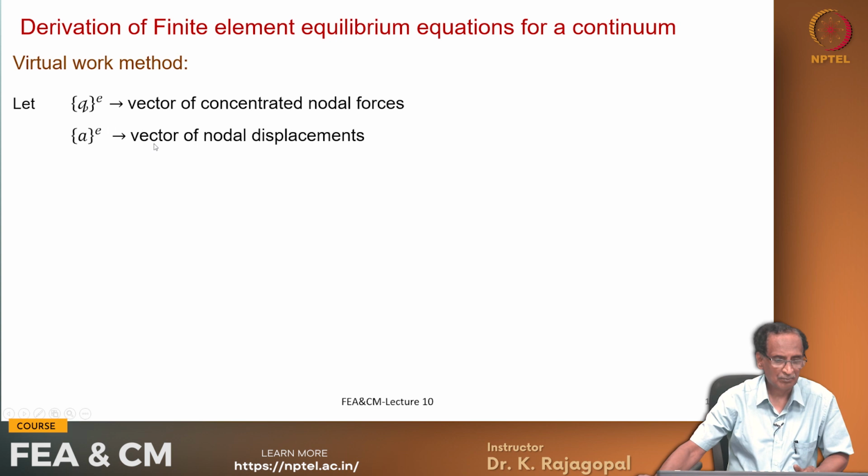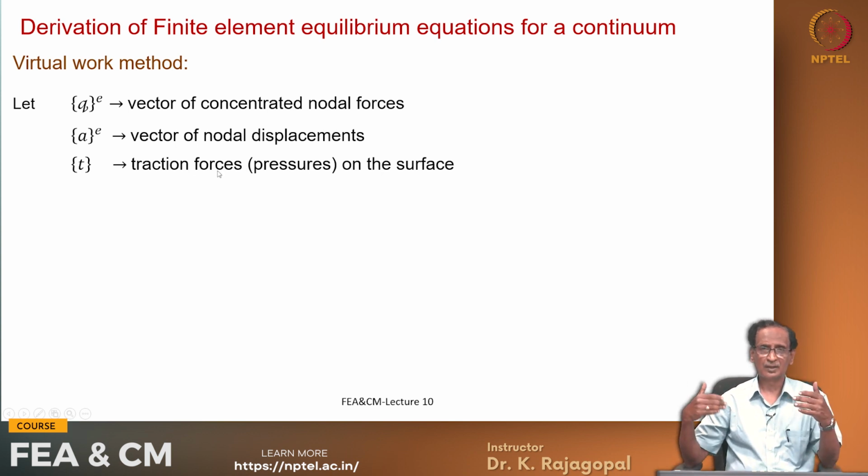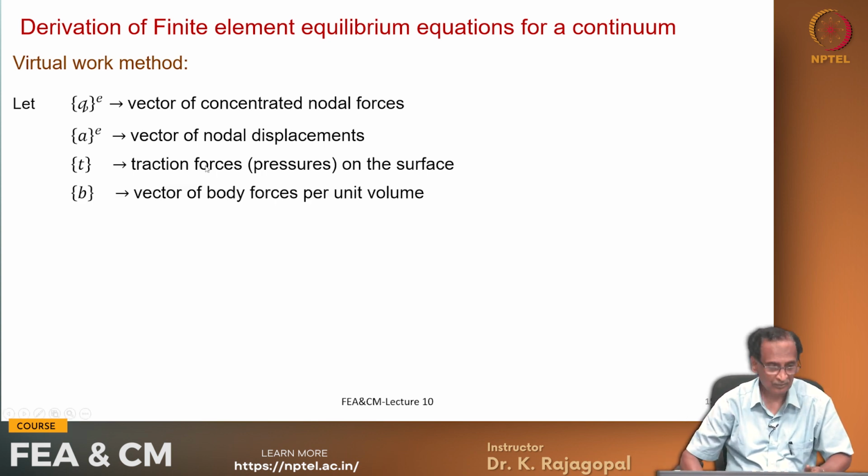And a^e is the vector of nodal displacements, and T is the traction forces on the surface. The traction force is nothing but the pressure. So, the external loading we can have as concentrated loads or uniform pressure or something like the traction force.